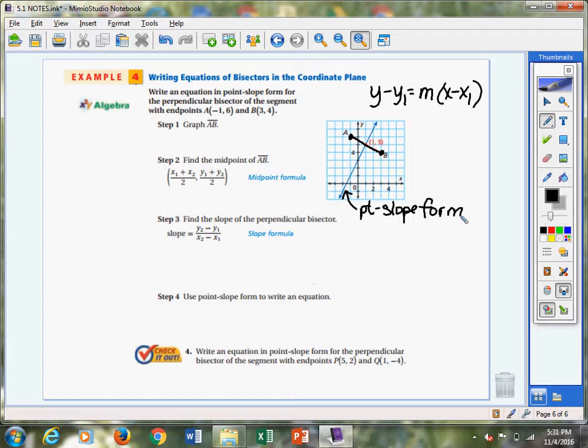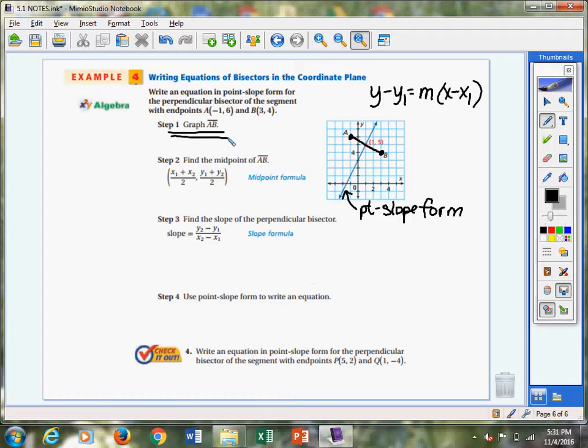All right, now to find a point, and they want the perpendicular bisector. Well, a bisector would be the midpoint. They've already graphed AB for us, so you don't have to take the time to do that. You may need to do that in future problems.